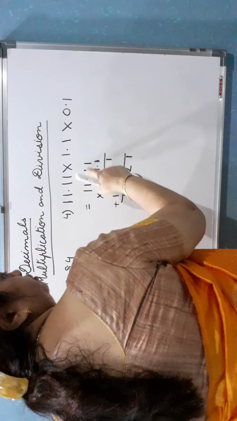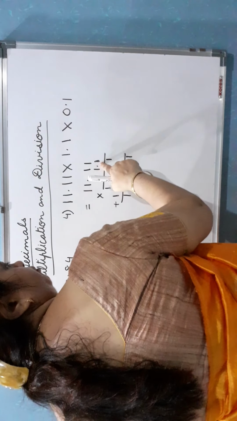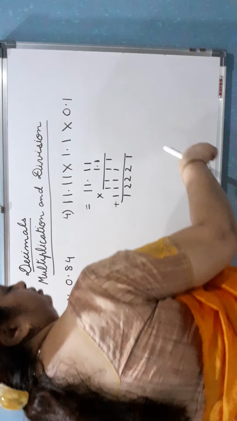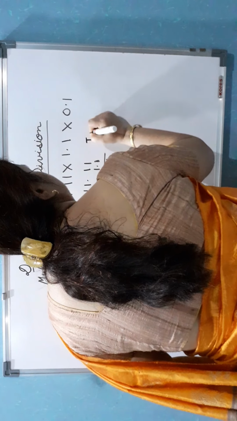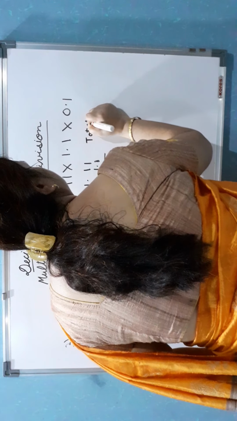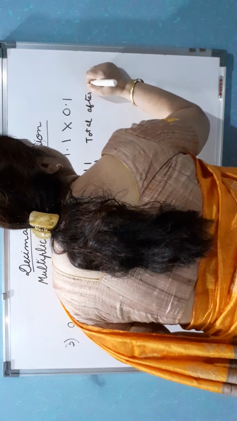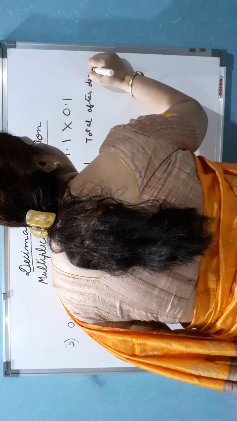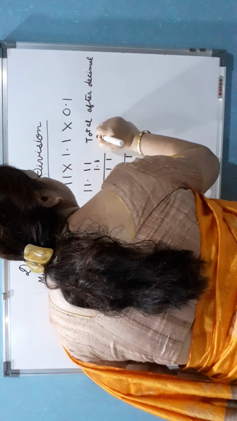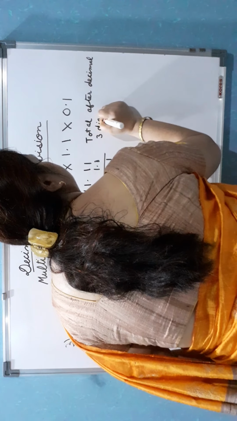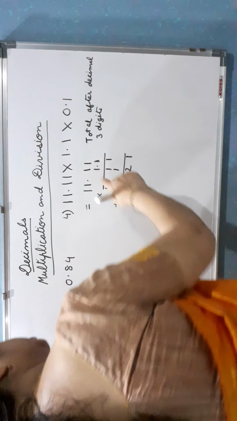So where will be your point? After the point here 2 decimals, and after the point here 1 decimal. So total after decimal is 3 digits. Okay, after decimal 3 digits.